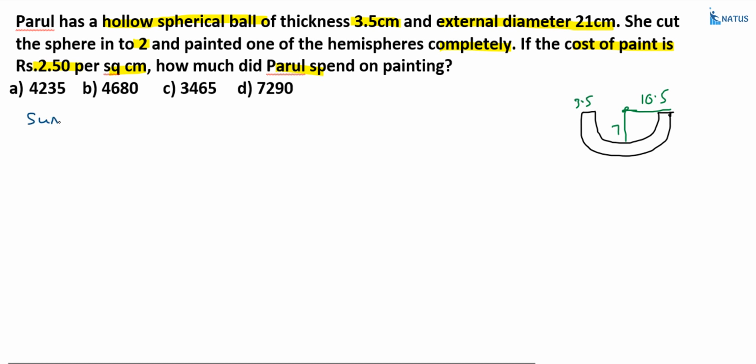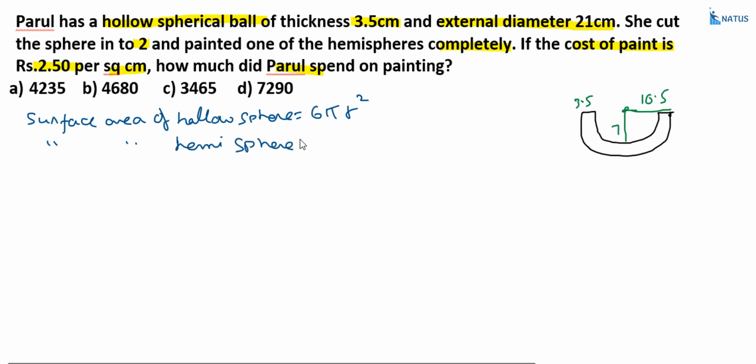Surface area of hemisphere is half of the sphere, that is equal to 3 pi r square, right?